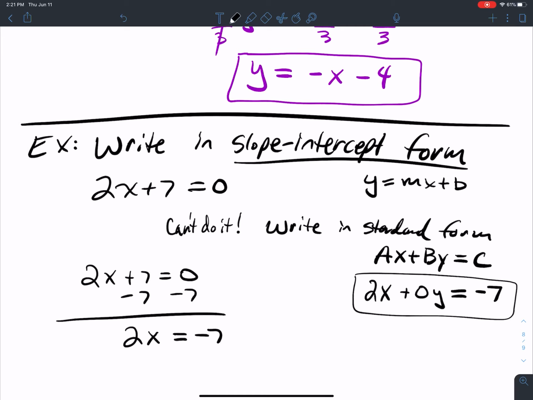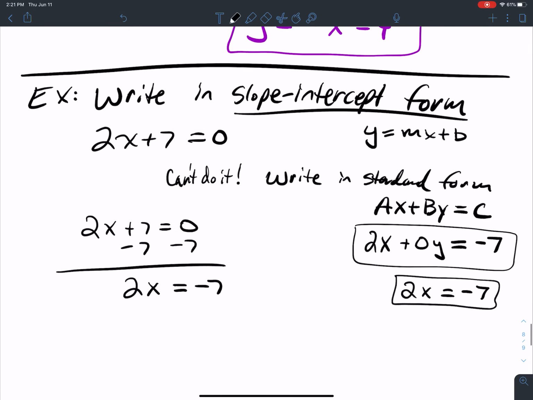Okay? And maybe 2x equals negative 7 is better. I think that pretty much sums up all the different things that you might run into in your homework.